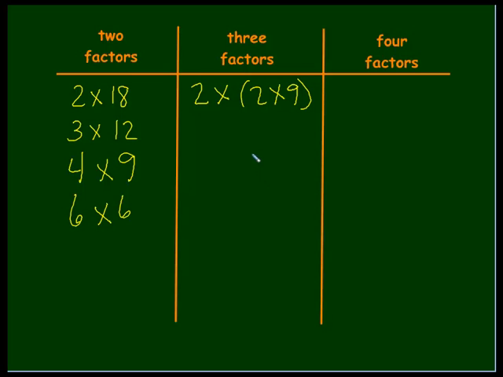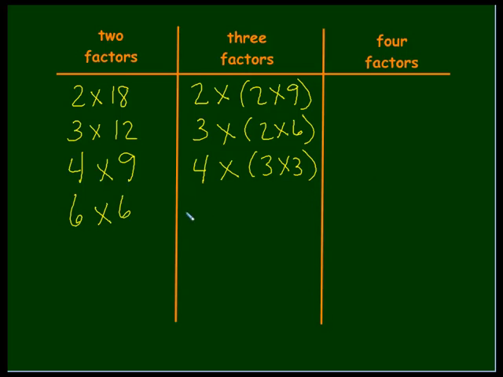On the next one, I can do 3 times, and then I can break that 12 down into 2 times 6. On the next one, I'm going to keep the 4, and then I'm going to break the 9 down into 3 groups of 3.